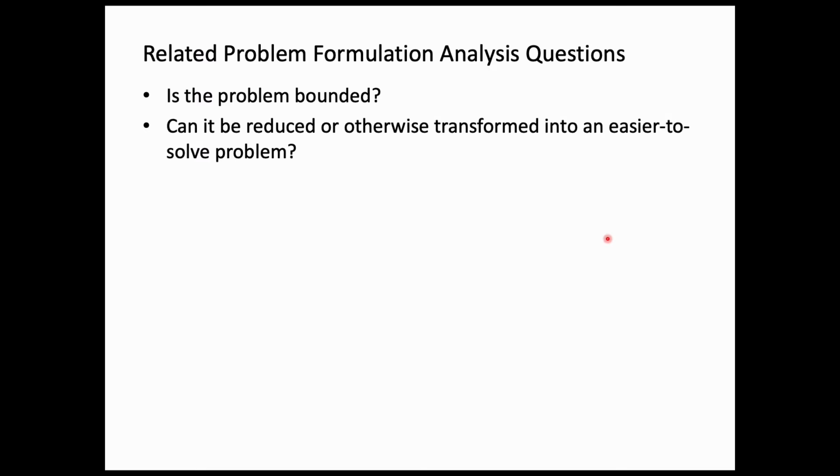Maybe we've reduced nonlinearity. Another version of this is to reduce the problem. Maybe we find that there is some type of constraint activity or some way of using substitution to reduce the number of design variables and reduce the number of constraints in the problem.